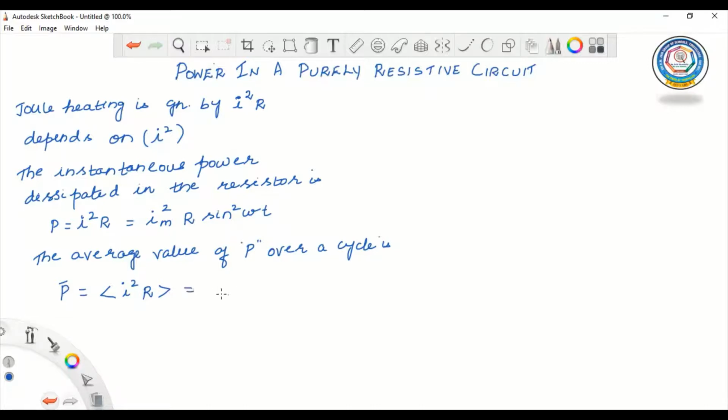So this is equal to Im square R sine square omega t. Im and R are constants.